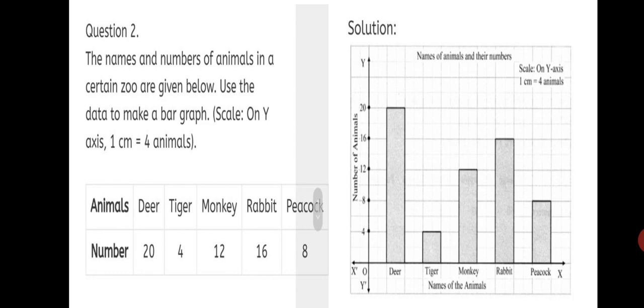So we stop at 12 exactly above the word monkey and then we shade that part to show that monkeys are 12 in numbers. Rabbit 16 and peacock 8. So this way, in a very simple way, we have completed question number 2, drawing the bar graph for the number of animals shown in the question.